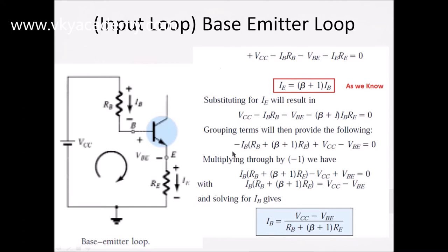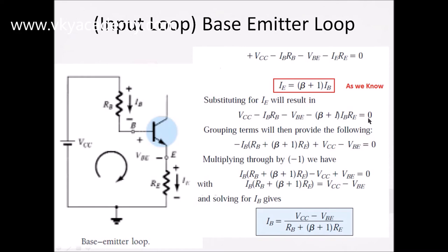I have taken IB common because I need to calculate the value of the IB current. Now multiplying throughout by minus 1, so that we get a positive equation on the left hand side, the IB current will be equal to (VCC minus VBE) divided by (RB plus (beta plus 1) RE).